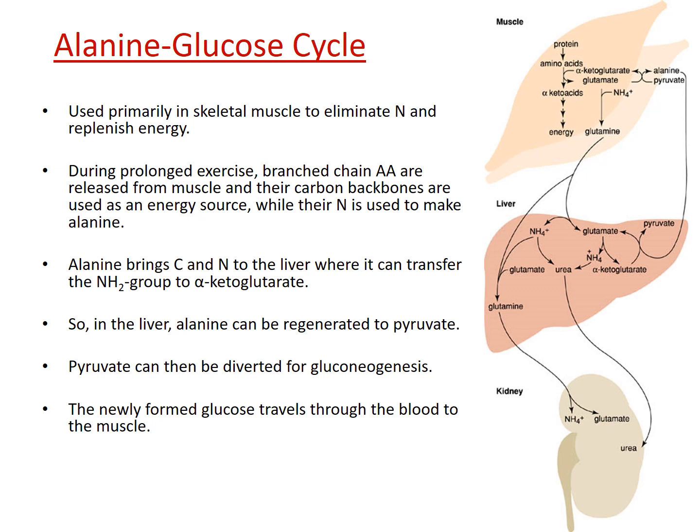Let me put here something that you already learned about, and this is the alanine glucose cycle. A couple of things to remind you. So here is the skeletal muscle, and you may recall that skeletal muscle can use amino acids to channel the skeleton of the amino acids to alanine.